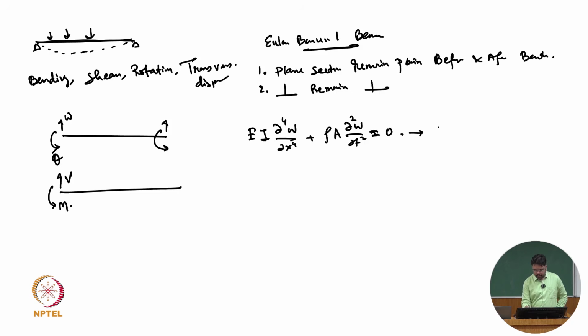So this is the equation of motion in the domain. Means wherever you have the beam element, this equation of motion will be satisfied. Agreed? Now there are also two associated things, that is the definition of the bending moment and also the definition of the shear force.